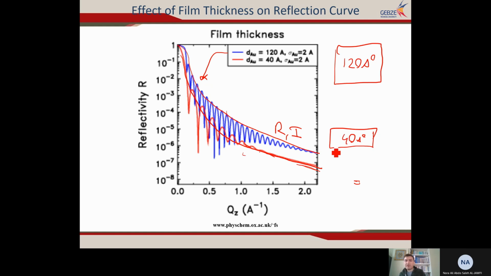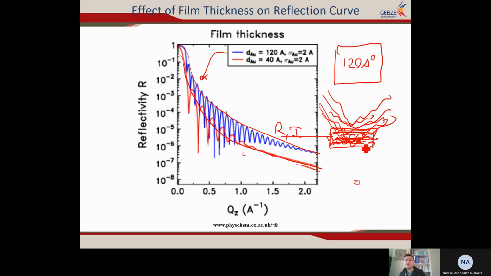Okay, so here we have several atomic layers, and each layer reflects the incoming X-rays to the detector. You can consider each layer as a mirror, and they reflect the incoming X-rays to the detector.